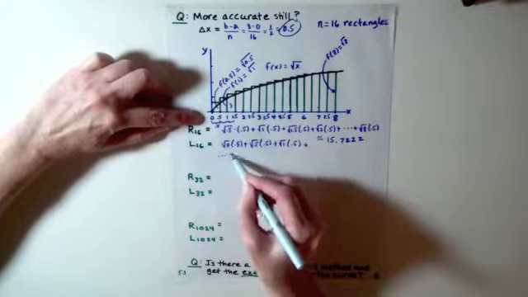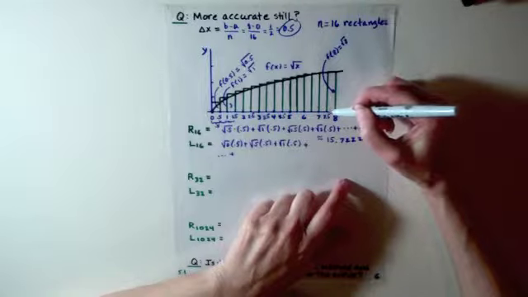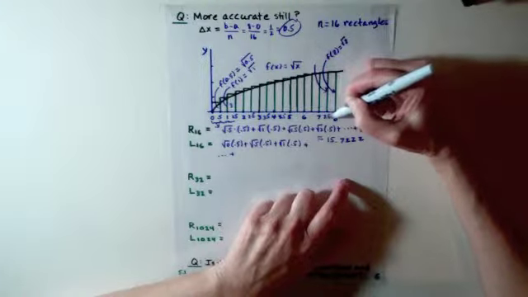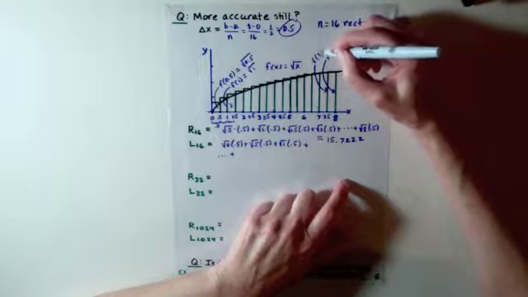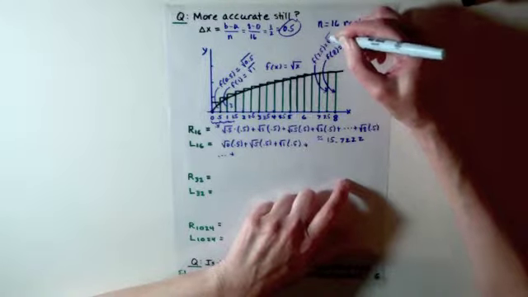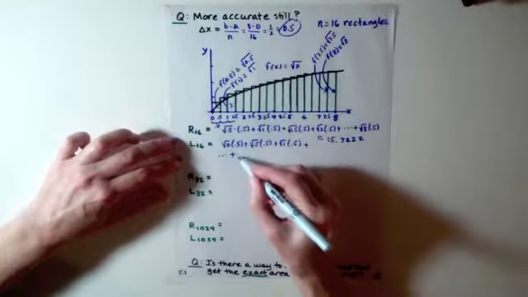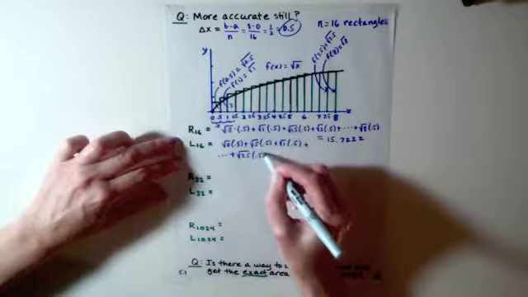I keep doing that until I get to the very last rectangle. If I'm using the left-hand endpoint, then for the very last rectangle, I'm using the height at 7.5 rather than the height at 8. So I would do f of 7.5, and for this function that'd be square root of 7.5. So for the very last one, it would be square root of 7.5 times 0.5.